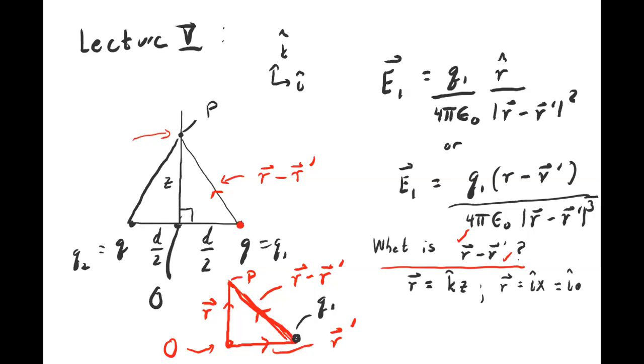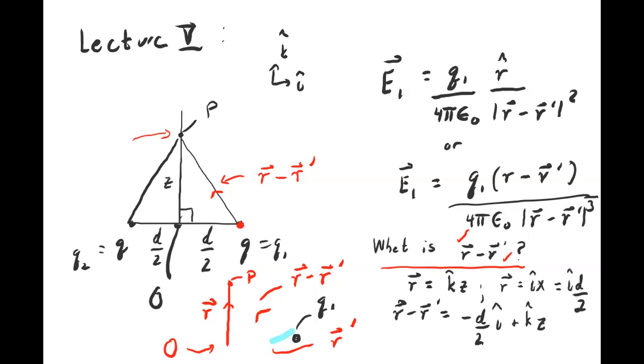And in this particular example, x is just d over 2. It's the distance from the origin to where the charge is. So we can write down an expression for r minus r prime. It's just minus d over 2 i hat plus k hat z.